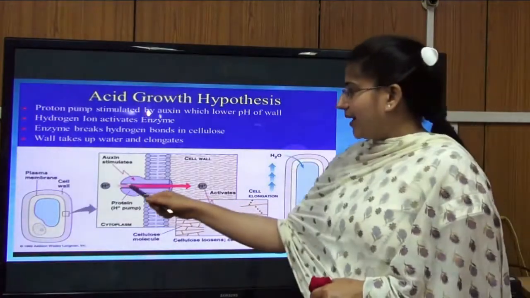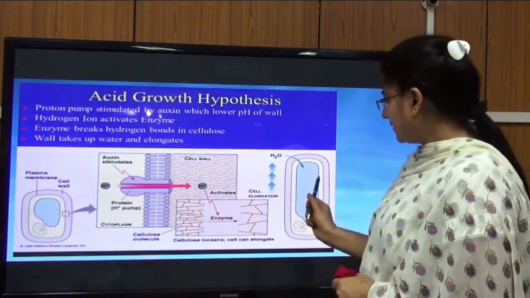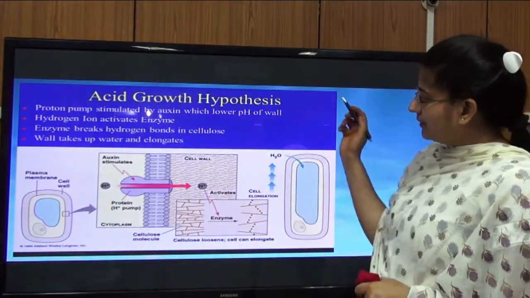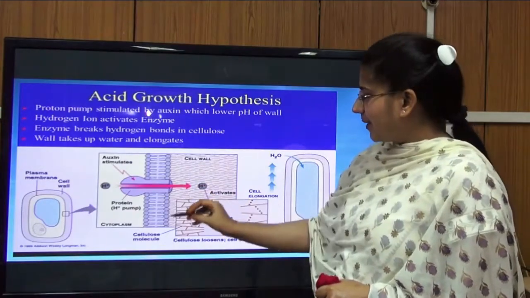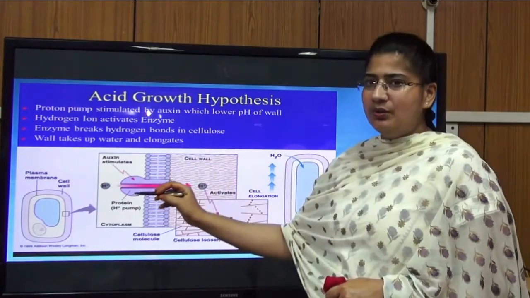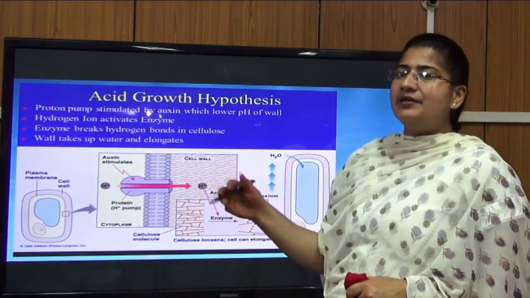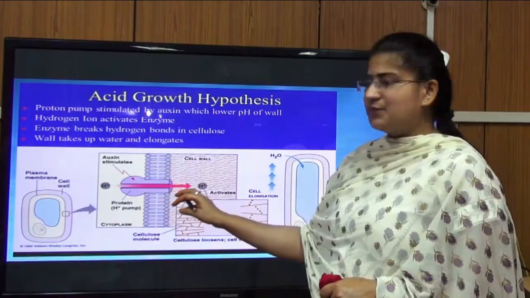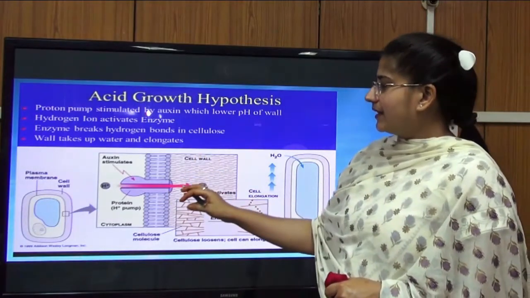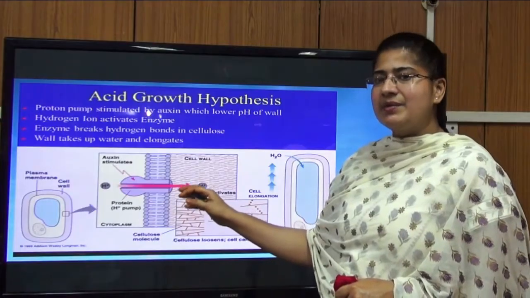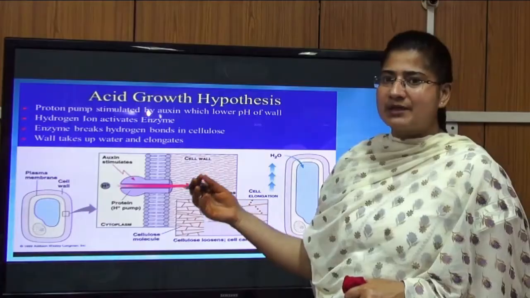So in response to auxin, what will happen? The nucleus will respond. The DNA present in the nucleus will respond. See, this is the plant cell before cell elongation, and this is the plant cell after elongation. So this is H plus ATPase which is present in the plasma membrane. So in response to auxin, the DNA will get activated and it will activate the activity of this H plus ATPase which is present on the plasma membrane, and the already existing H plus ATPase will be activated, and besides this new H plus ATPase will be biosynthesized on the plasma membrane.